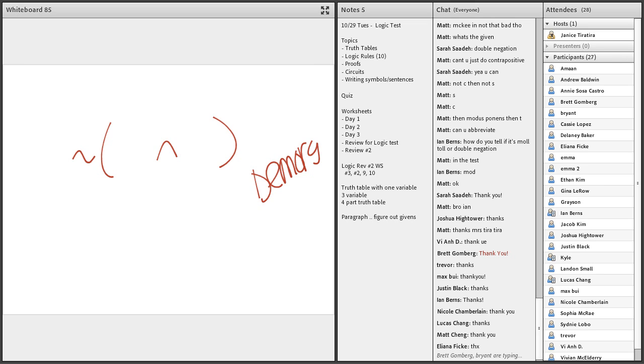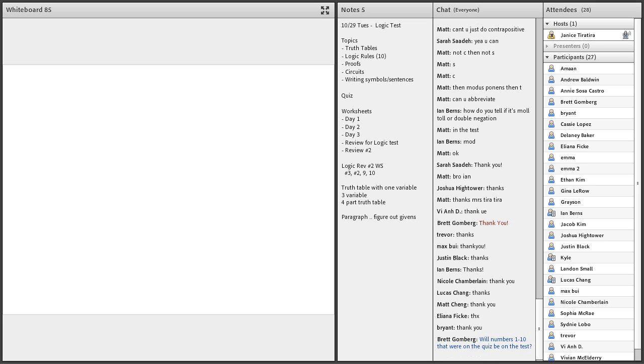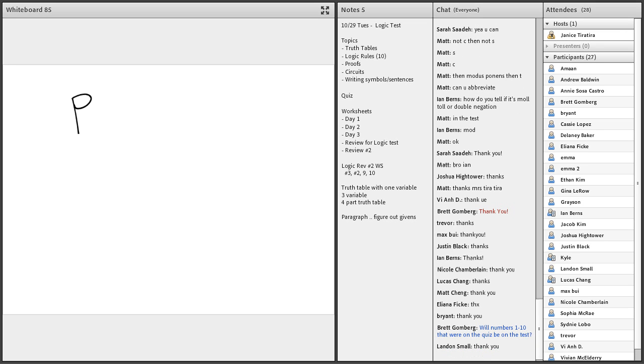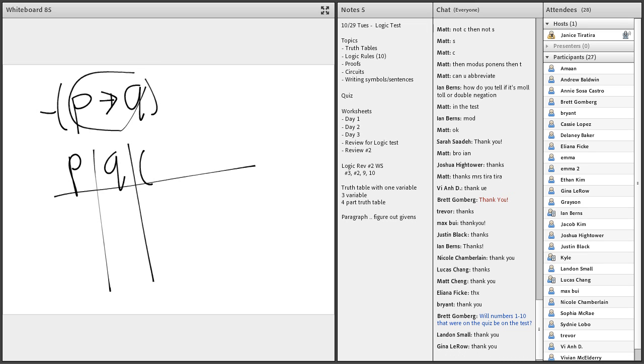And oh, I forgot to do, some of you guys are here, I think I did it earlier, but I just kind of wanted to really clarify. If you're trying to do a truth table of, let's say, it is not true that if P then Q, you would build your P, you would build your Q. I think I did this.